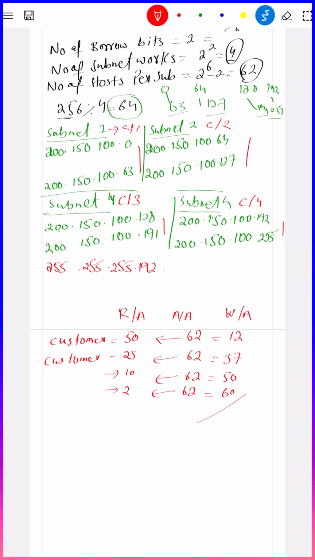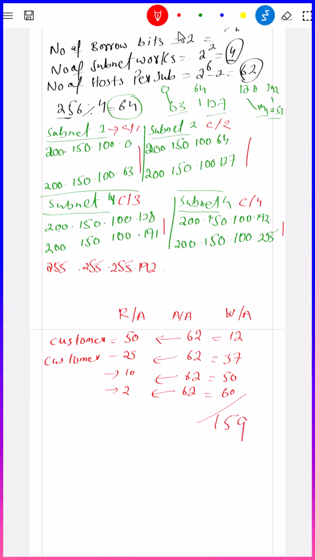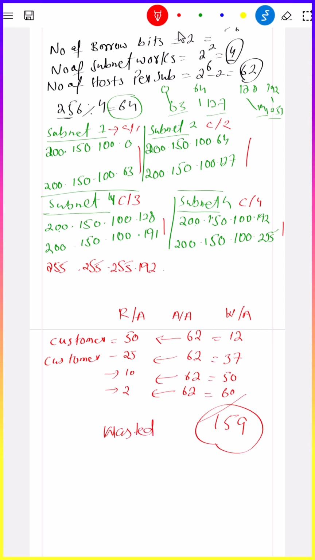So total wastage is how much? Total wastage is 159. So this is the wasted number of host addresses.